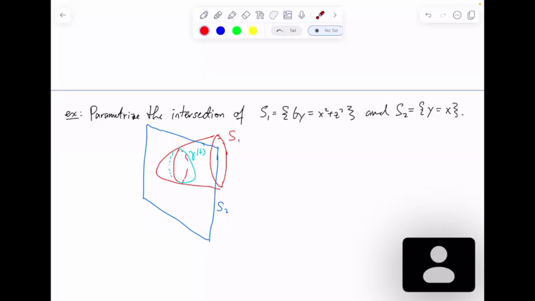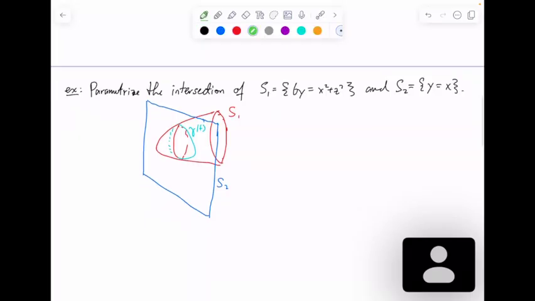If I substitute y as x, then the S1 equation gives 6x must be equal to x squared plus z squared. Now, what might I do with this? 6x is equal to x squared plus z squared. All on one side, what might I do with the x variable here?